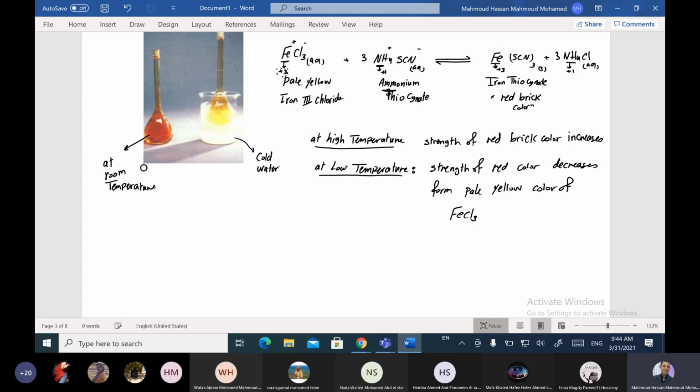So from these reactions we'll find the rate, maybe this is called rate 1 and rate 2.